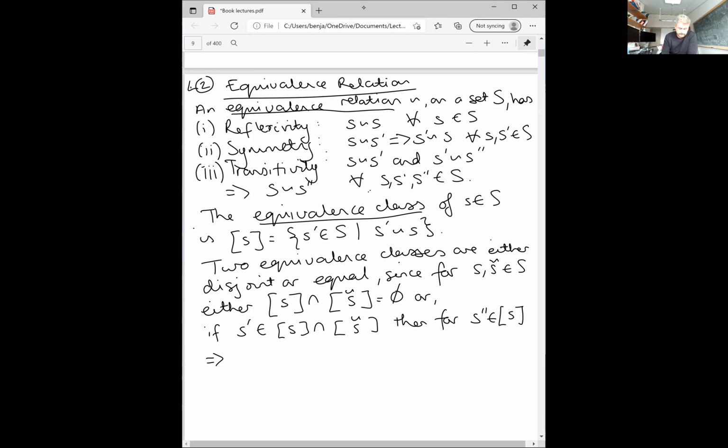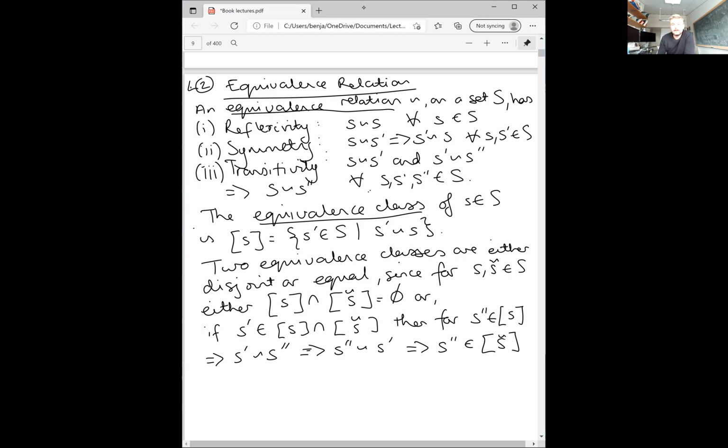so in other words, we have s prime is equivalent to s double prime. By symmetry, this means that s double prime is equivalent to s prime. And this means by transitivity that s double prime is in the intersection between these two sets. So s double prime is related by the equivalence relation to this element s tilde.